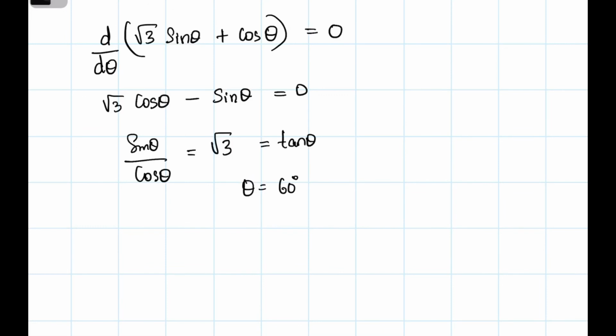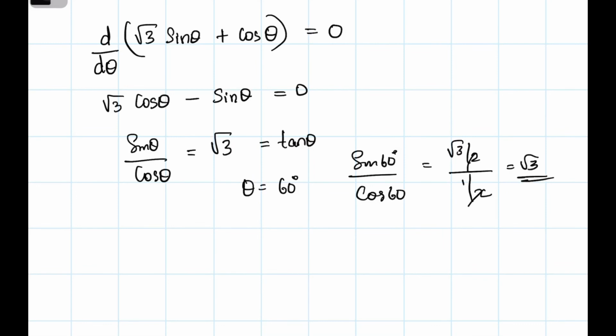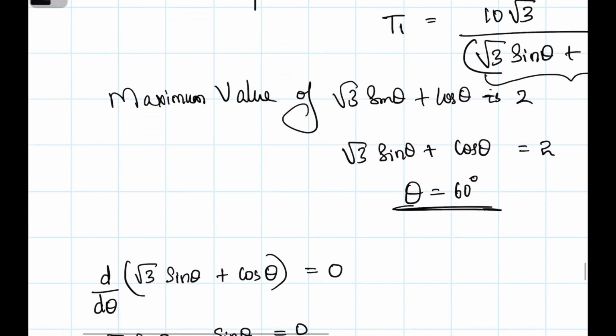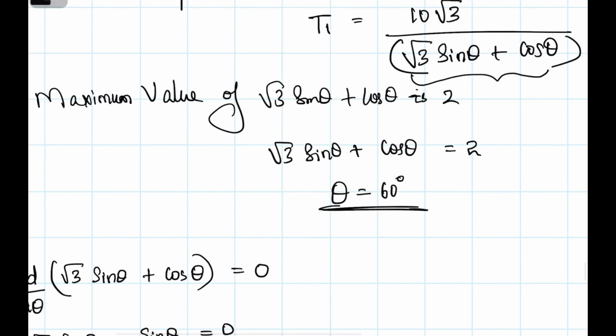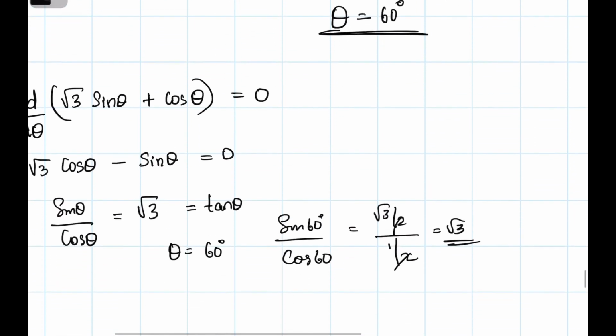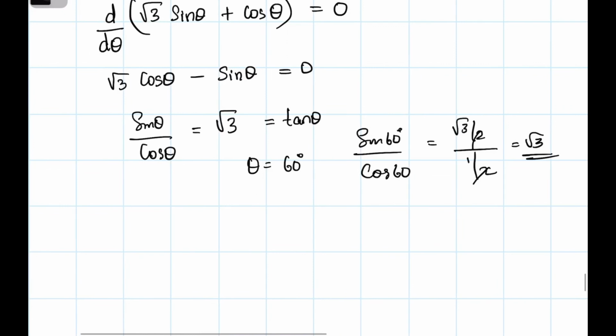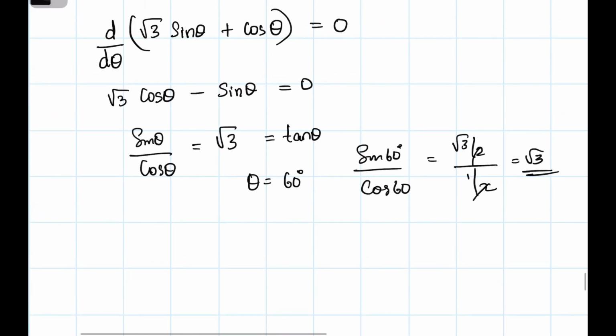Because sine 60 by cos 60: sine 60 is root 3 by 2, cos 60 is 1 by 2, and that gives you root 3. Okay, this is one way to solve that problem. So you can see over here, the value of theta is 60 degree. So at theta equal to 60 degree, you get the minimum tension in the string OA. That's how we will complete that problem.